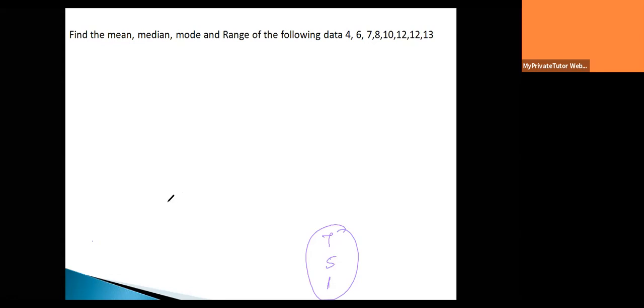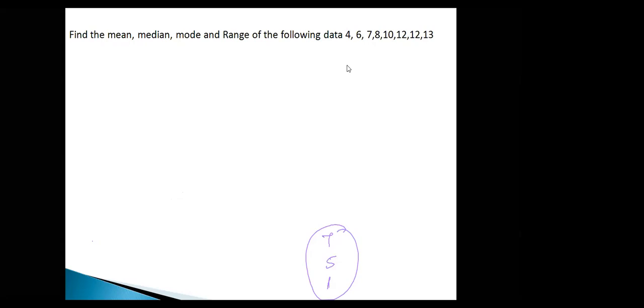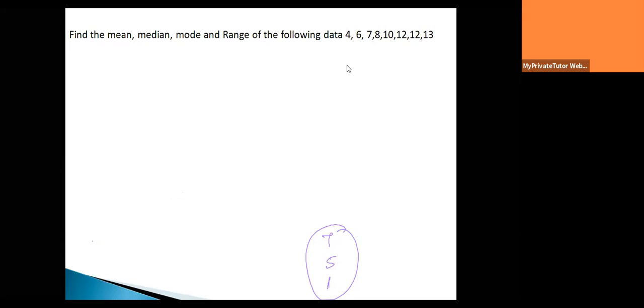Okay, that's good. Median is 40. Mean is 40. You mean to say the total is 40? Range is 12.